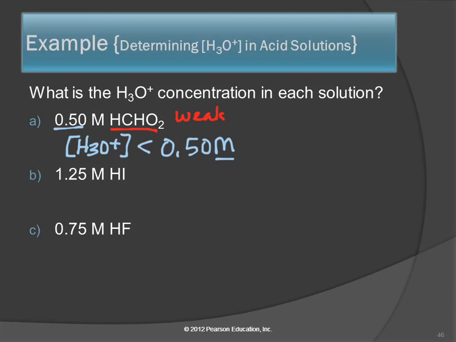That's all you can say. In Chem 2, you will learn how to calculate that, but it has to do with an equilibrium constant. It's called Ka, but it's a solubility product constant sort of thing.